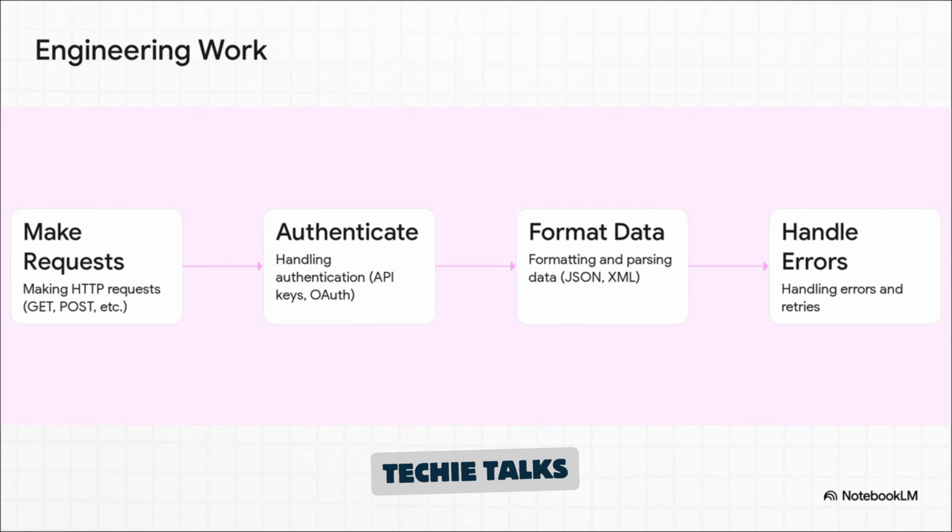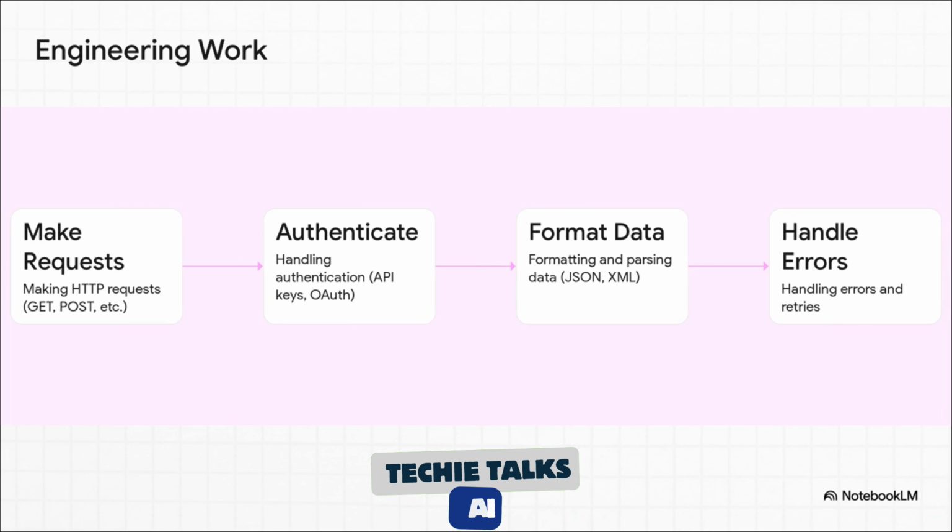And we're talking about real engineering work here. This means someone's got to write the code to make those specific web requests, GETs and POSTs. It means handling security stuff like API keys. You've got to make sure the data is formatted perfectly, usually in something like JSON. And this is a big one. You have to have a plan for handling errors and retries when things don't go perfectly.